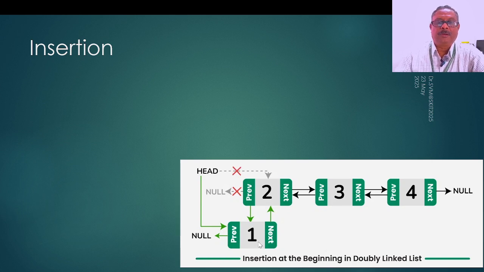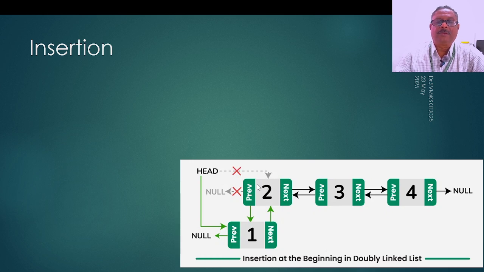Number one, we need to create a new node, and the next of this new node should be the same as head, because head is this particular node. So the next of the new node should be the head, and then the new node should be the previous of the node that is currently called head.